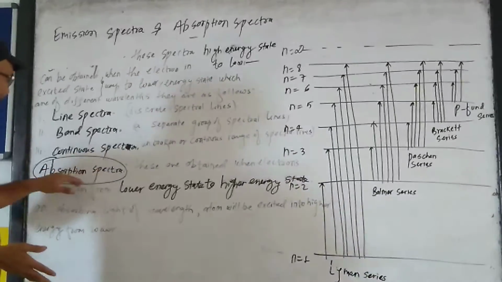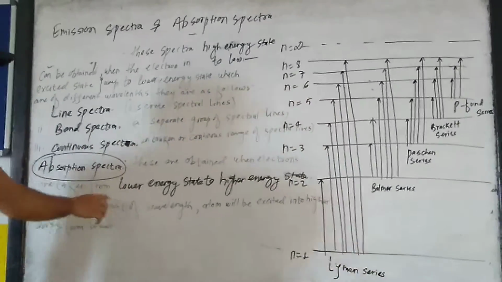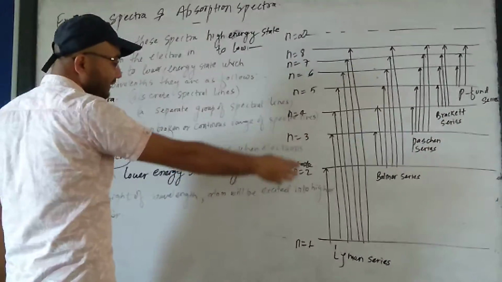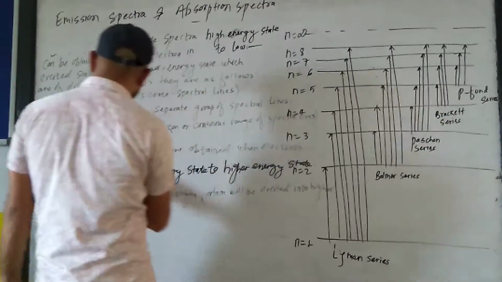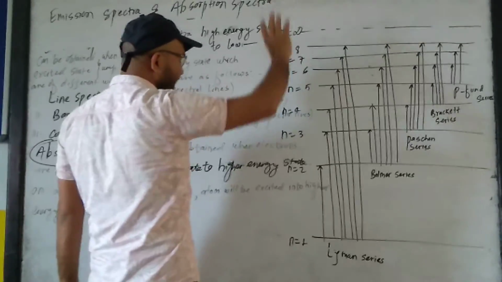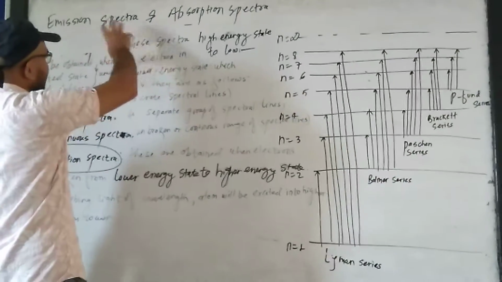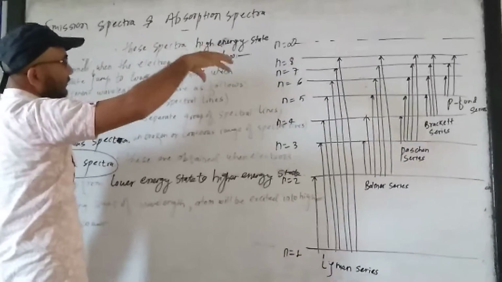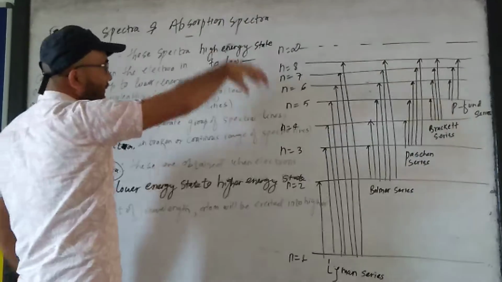And absorption spectra we call when the electron jumps from the lower energy state to a higher energy state. Here is the figure given for absorption spectra, because they are absorbing energy to go to a higher state, and in emission spectra they are emitting energy to go from a higher state to a lower energy state.